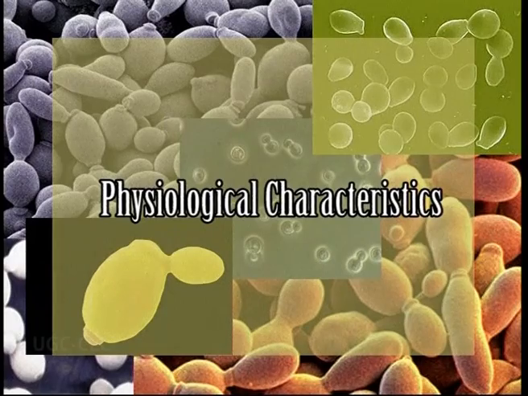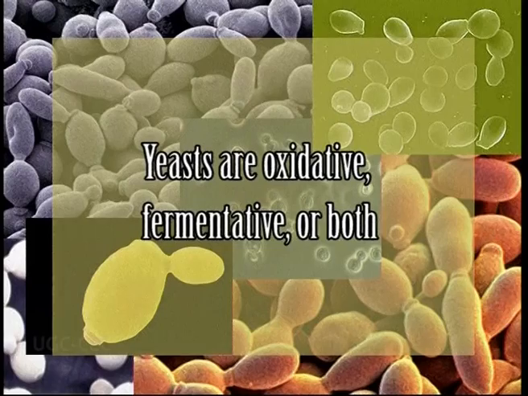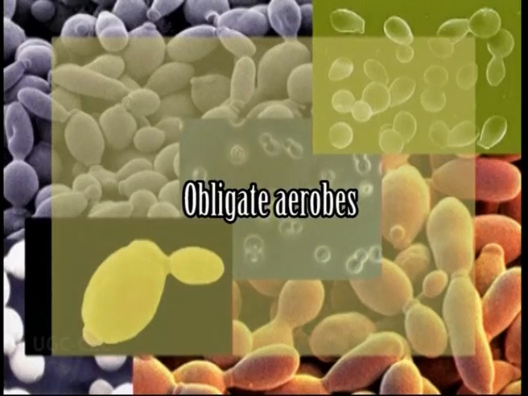Physiological characteristics. Saccharomyces comprise mostly saprophytic species, and some species are also osmophilic. Yeasts are oxidative, fermentative, or both. Most of them are obligate aerobes, with a minority of these as facultative anaerobes, and only a few like petite mutants are obligate anaerobes.